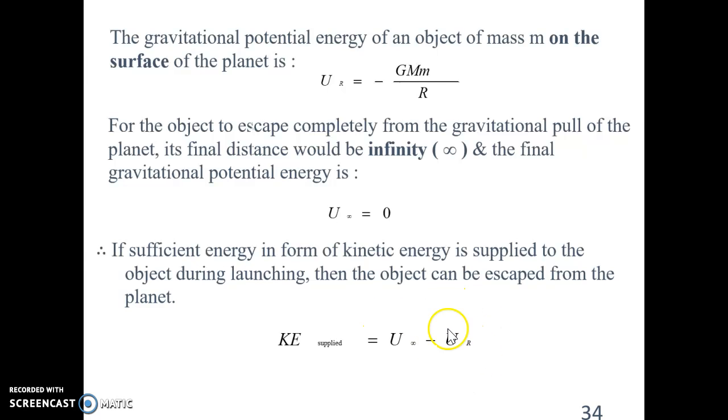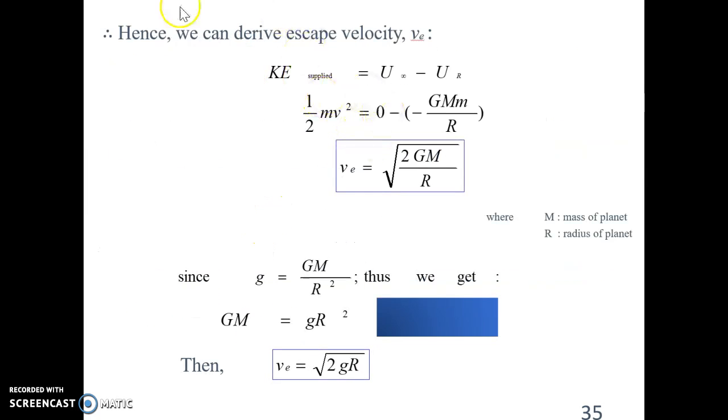This change in gravitational potential energy is the same as the kinetic energy of the rocket. So kinetic energy is equal to U final minus U initial, half mv squared equals 0 minus negative GMm over r. Rearranging this equation, we get v, the escape velocity, equal to the square root of 2GM over r.